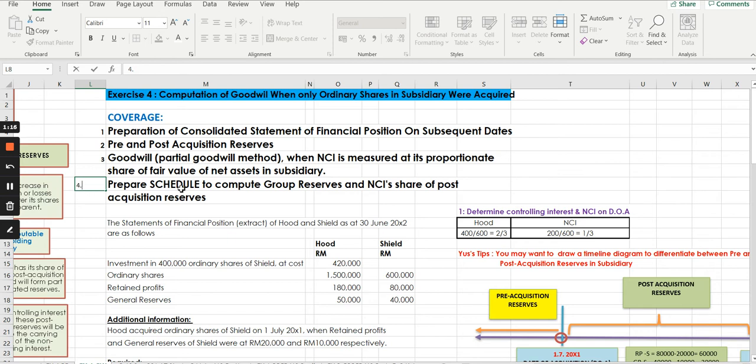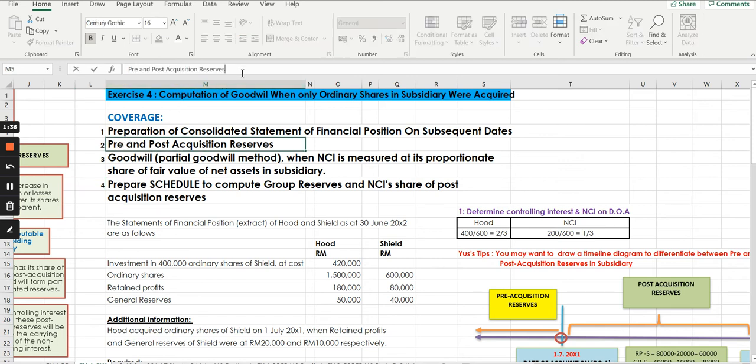So that depends, right? That is on a subsequent date, after the date of acquisition. The second one is to look at the concept or principle of pre and post acquisition reserve.